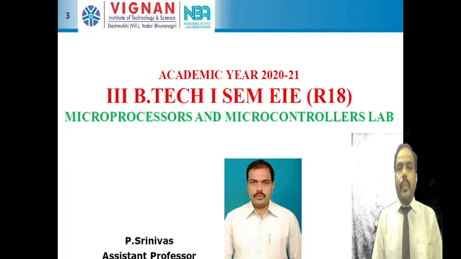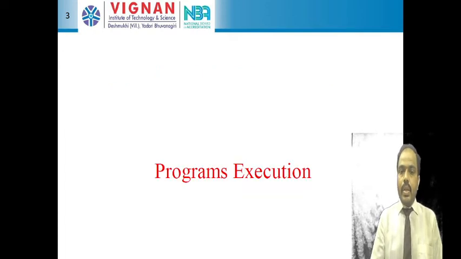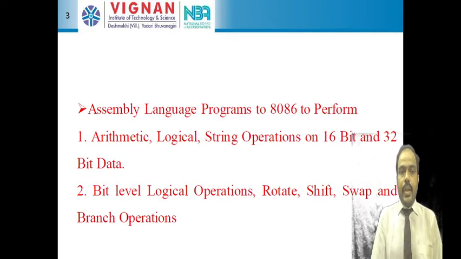So, in this microprocessor microcontroller lab, in the previous sessions, we have discussed the execution of programs, that is cycle 1 and first experiment, that is arithmetic and logical operations on 16-bit as well as 32-bit data.